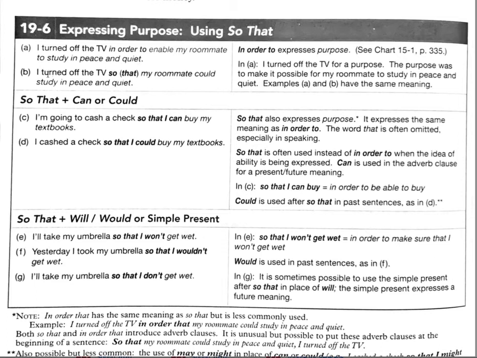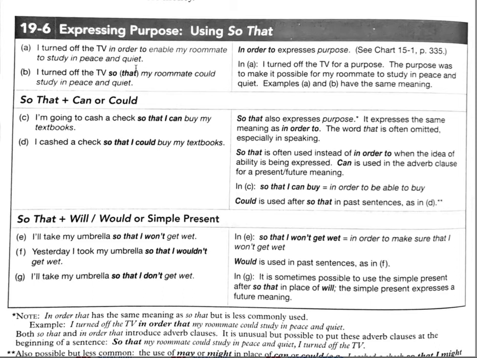Letter B. I turned off the TV so that my roommate could study in peace and quiet. In order to expresses a purpose. In letter A, I turned off the TV for a purpose. The purpose was to make it possible for my roommate to study in peace and quiet. Examples A and B have the same meaning. So when you have in order to and so that, they have the same meaning, to establish a purpose of what you did.